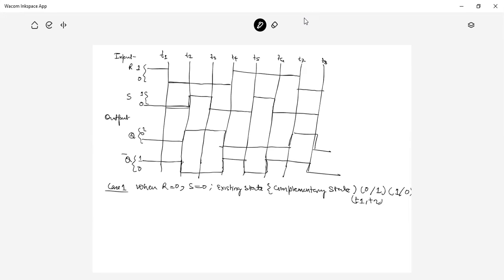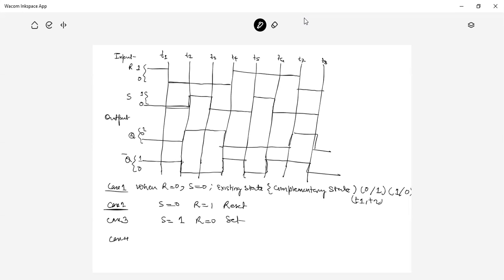So these are the variations of the output. This is Q and Q bar. So case 2 is S is 0, R is 1, then it is reset. Case 3 is S is 1, R is equal to 0, then this is set.